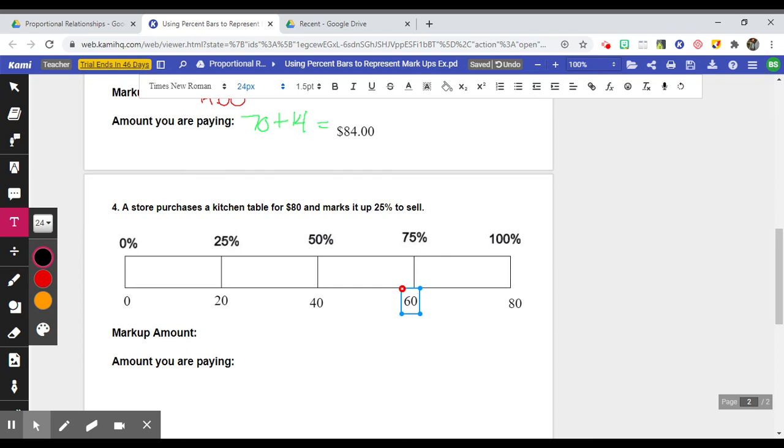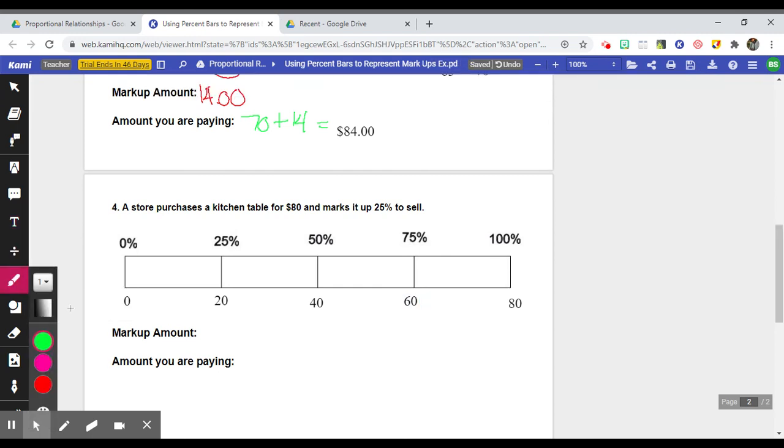Again, I know that my total was $80, and it's being marked up 25%. So my total is going to be 125%. I need to figure out how much money I'm adding to that. We can see here that 25% represents $20. So my markup amount is $20.